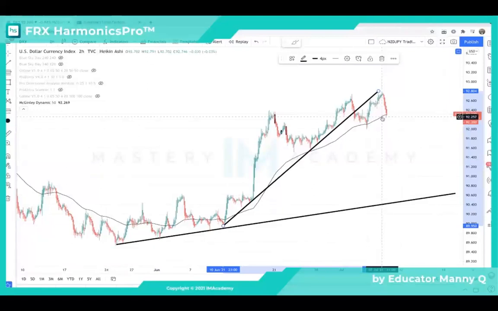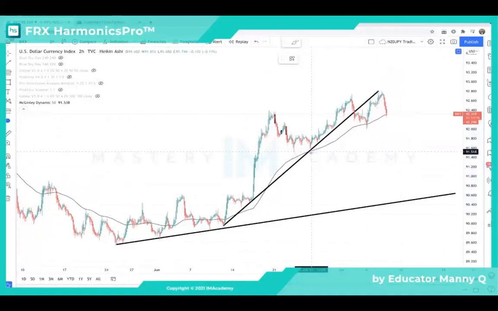Now, many traders use, and the most powerful way to use trend lines is to use it in combination with moving averages. So you'll notice that there are going to be some points in the market where the market will retest both the moving average and the trend line.